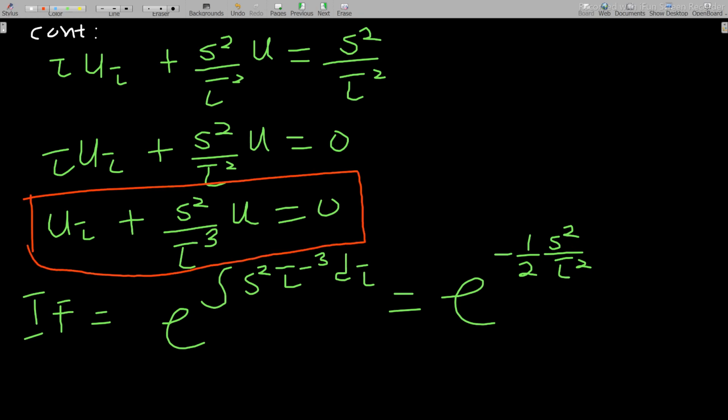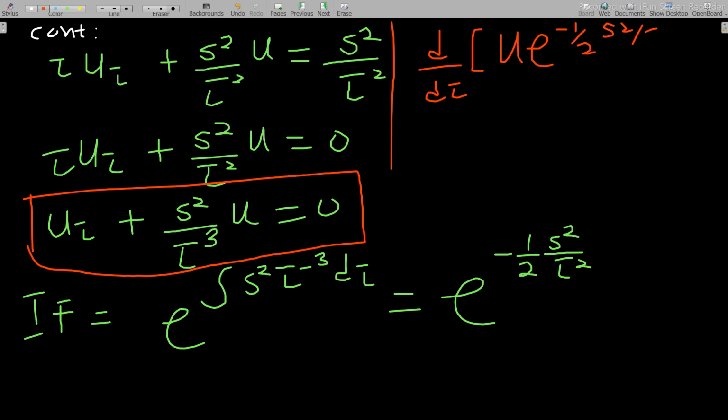So if I multiply it through, this is what I have. If I multiply it through and want to solve quickly, this is what we will write: d tau. We've been doing this since, so you can watch our previous video and see why you are writing this. Then u e to the negative 1 over 2 s squared over tau squared is equal to 0.